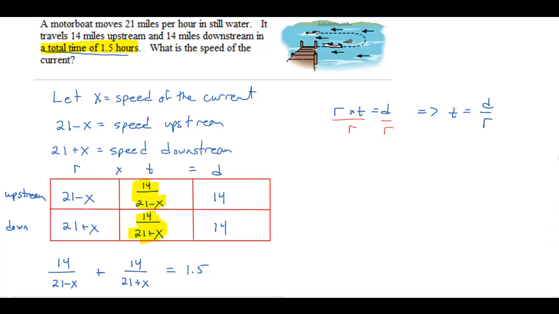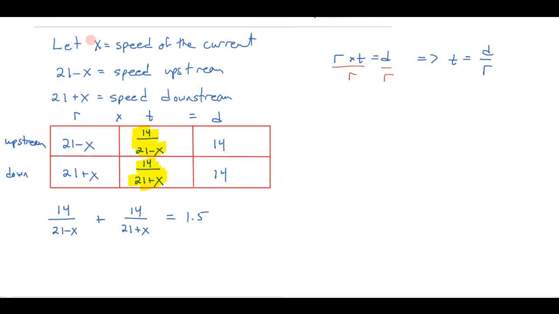Alright, so let's go ahead and work this out. That's hopefully the hard part for you. Let's multiply both sides by the common denominator, which will be 21 minus x times 21 plus x. We'll do that on both sides.